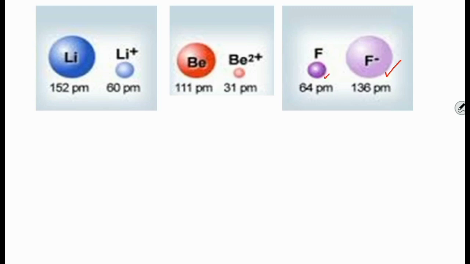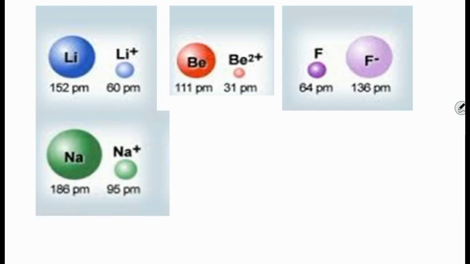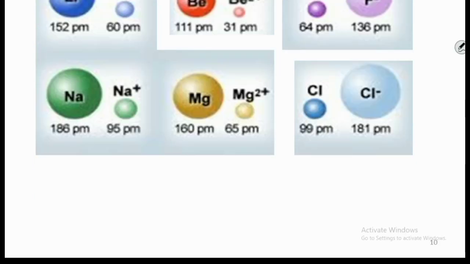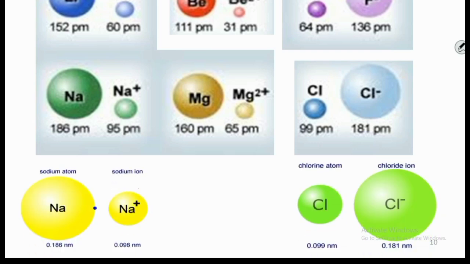So we have taken note of that as well. Now I've explained this already. For a metal, the ion is smaller in size. For a non-metal, the ion is bigger in size. Alright, that's the comparison. So we move forward.